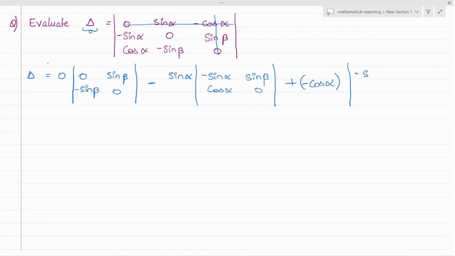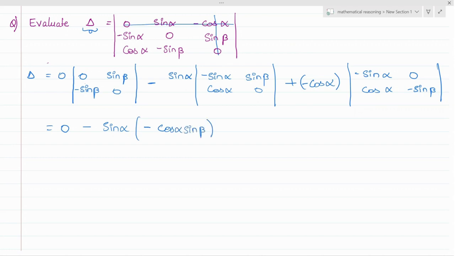So the leftover elements are minus sine alpha, 0, cos alpha, and minus sine beta. So just calculate it now. 0 into something is always a 0. Minus sine alpha outside, and inside it becomes sine minus sine alpha into 0 is 0. Minus of cos alpha into sine beta.